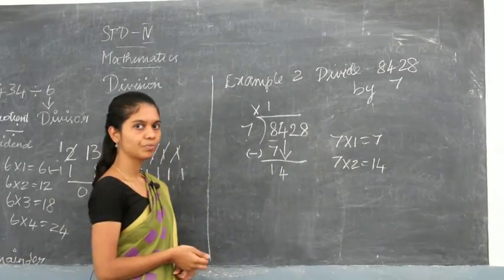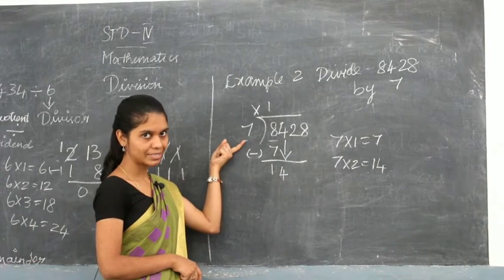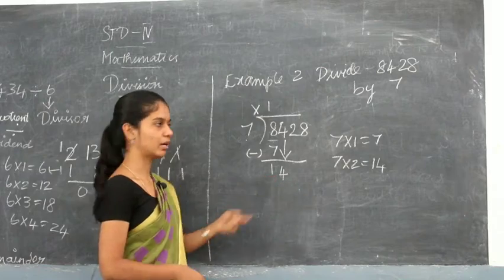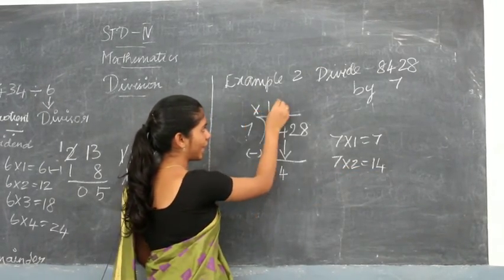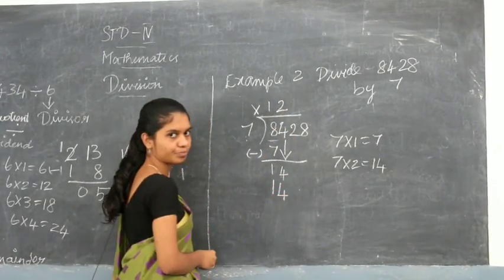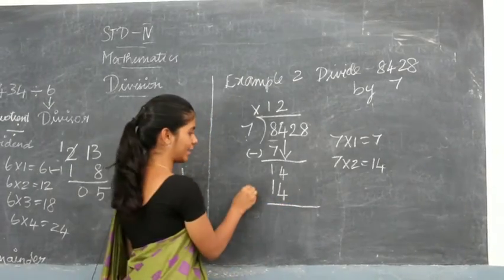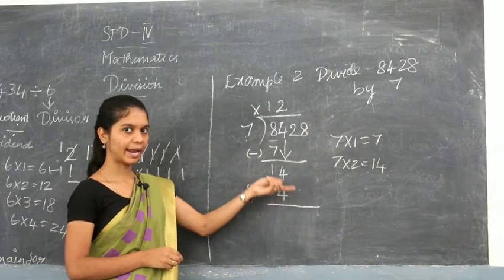Now what you should do? You should start telling the divisor table. 7 ones are 7, 7 twos are 14. 14 is here. So 7 twos are 14. 7 multiplied by 2 gives you 14. Now you have to subtract them. Since this is a 2-digit number, you start with the right side corner.